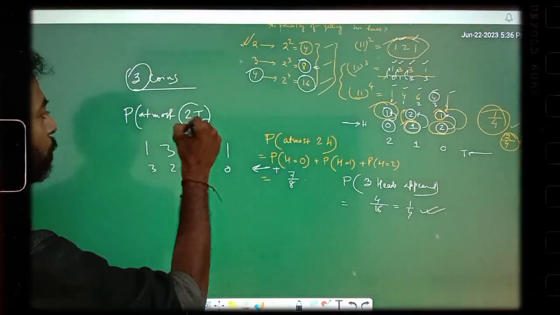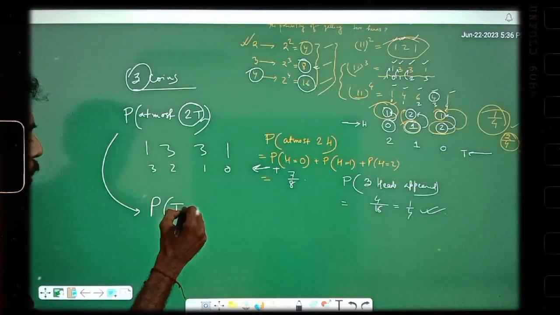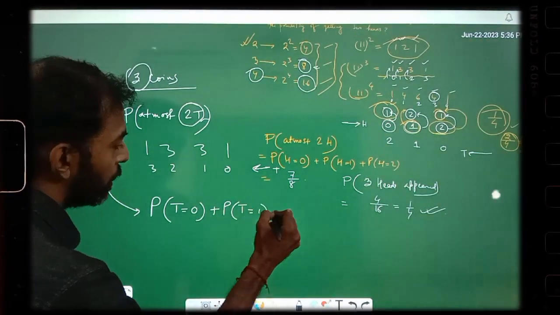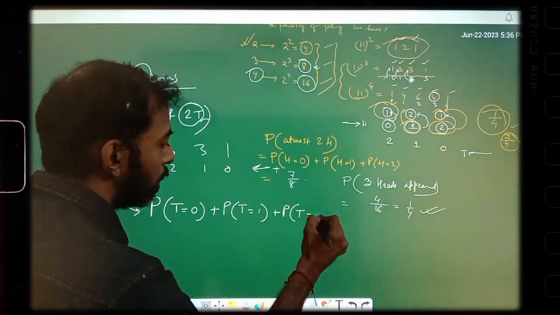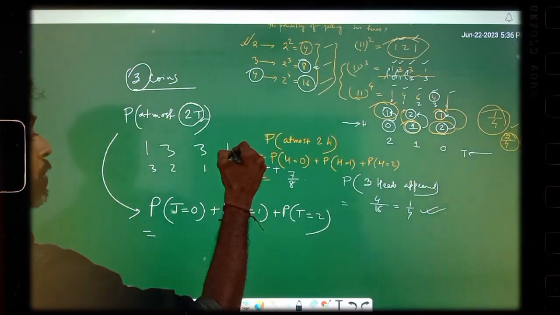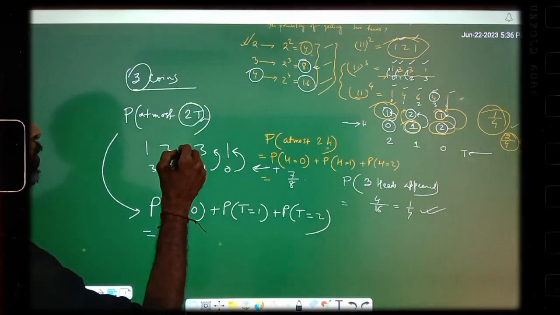So what does at most 2 tails mean? Probability of t equal to 0, probability of t equal to 1, probability of t equal to 2. Those are the cases we need to calculate. Probability t equal to 0, the count is 1; t equal to 1, the count is 3; t equal to 2, the count is 3 also.